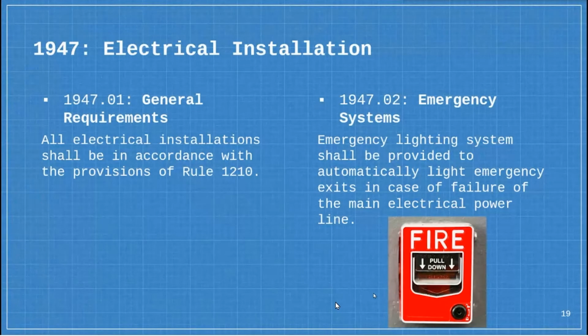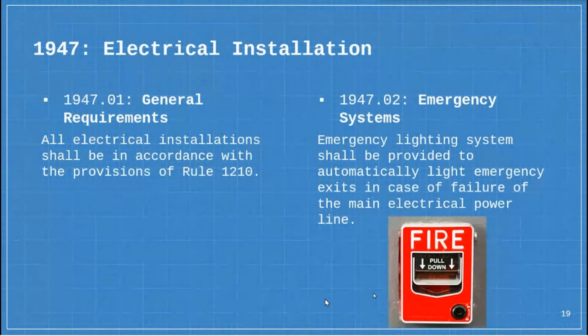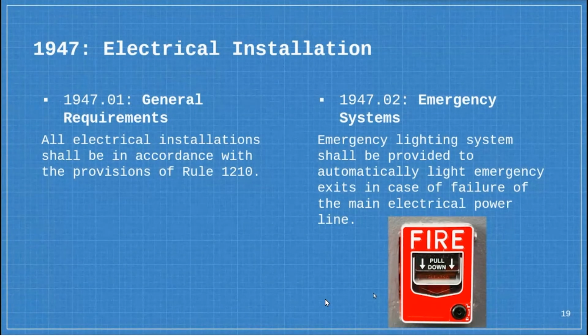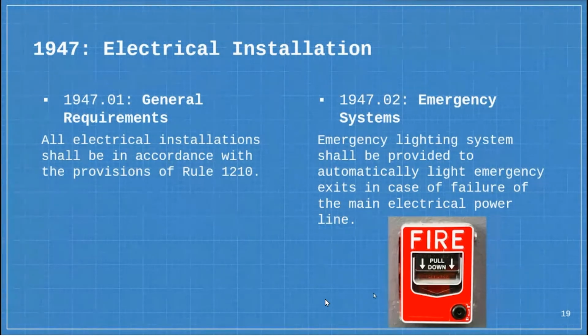Nakasaad na rin po yan sa general provisions po. So, alam na po natin na most electrical fires are caused by faulty outlets, pati na rin yung mga luma na appliances and yung mga outdated wiring systems. So, para po ma-avoid ito, may mga tips po to avoid overloading outlets.